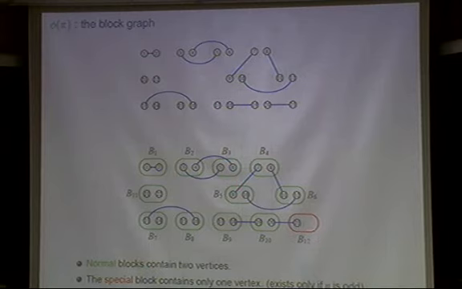So here it contains only one element. Except the last block, every block has two vertices. We call this block a normal block. So a normal block contains two vertices, and we call the last block the special block if it exists.